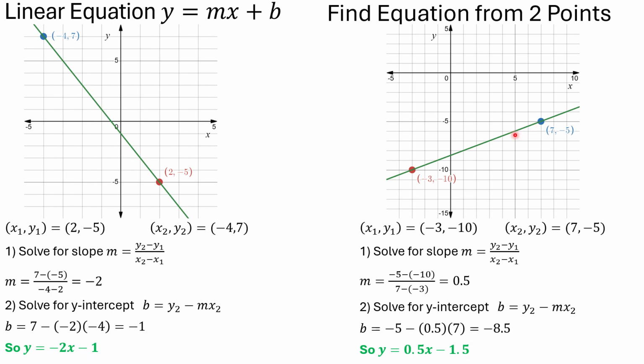All right, or you can think of it as you rise up 1 and you go to the right 2. So 1 over 2, or -1 over -2, whichever way you want to look at it. So pretty systematic way to solve for these. Solve for the slope first, rewrite the equation, and plug in your slope and one of the points to solve for your y-intercept. We'll do a couple more problems in future videos to get you some more practice.